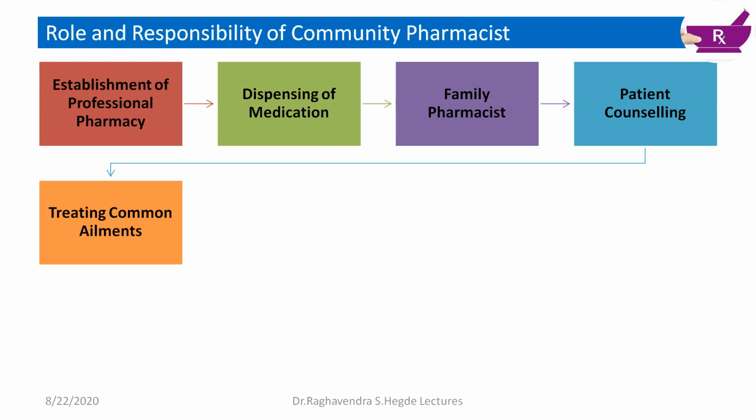He can educate the patients not to self-medicate, and he should take the responsibility for the outcome of the therapy. So the pharmacist is the first point of contact where he can treat common and minor ailments.